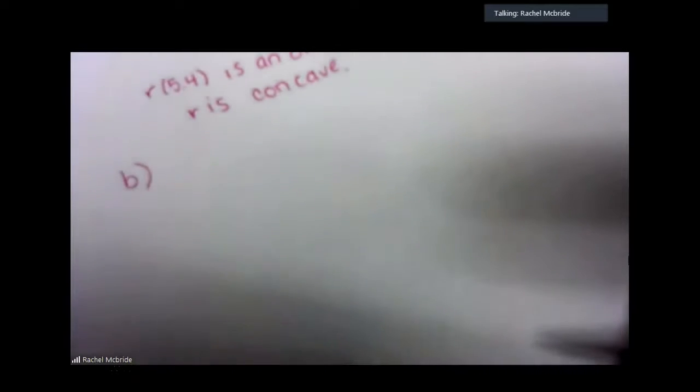Okay, part B. Find the rate of change of the volume of the balloon with respect to time when t equals 5. Indicate units of measure.